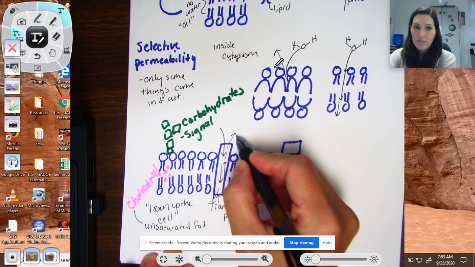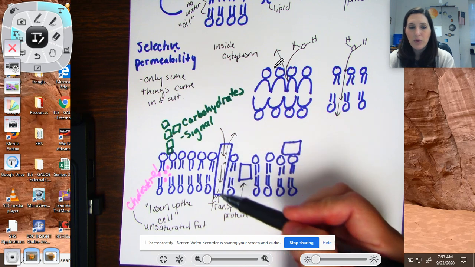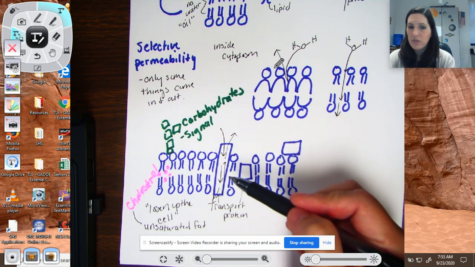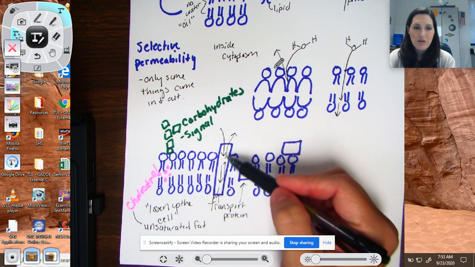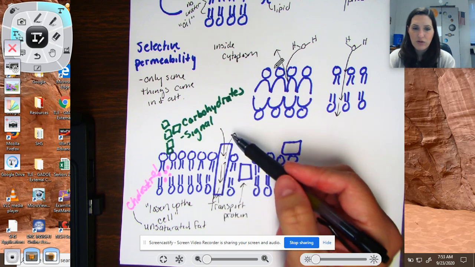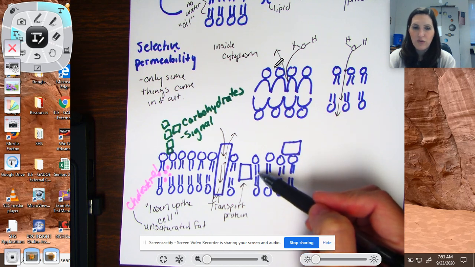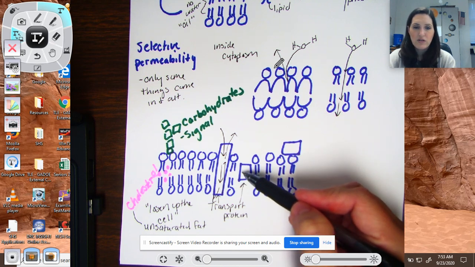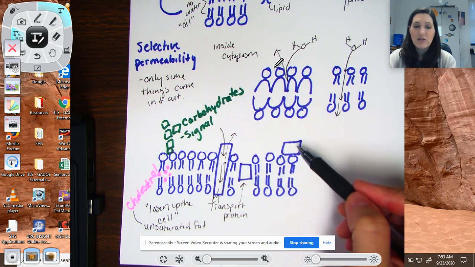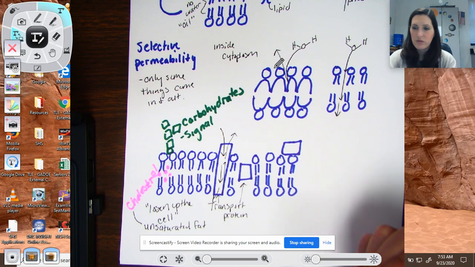Each transport protein is specific to a molecule that it's attached to, and it's going to be able to slide in and out of the cell faster. Some of them only exist in the inner parts, in the hydrophobic regions, stuck in the middle. And then some proteins only exist on the top. So in our notes, we're going to go through all those.